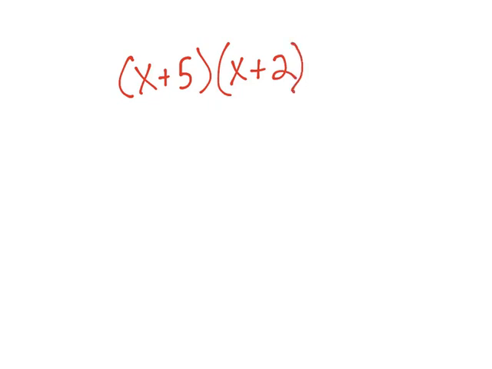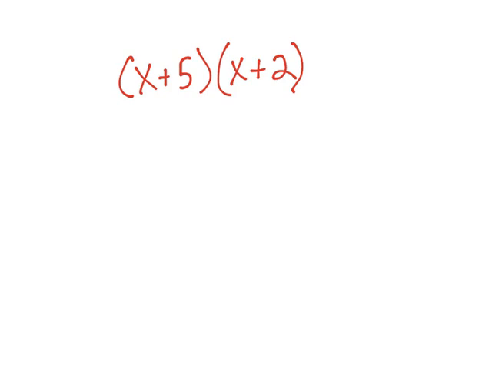Let's look at binomial multiplication. In this case, we'll use the example from the notes of x plus 5 times x plus 2. As noted in the problem, we're going to use the distributive method to solve this problem.